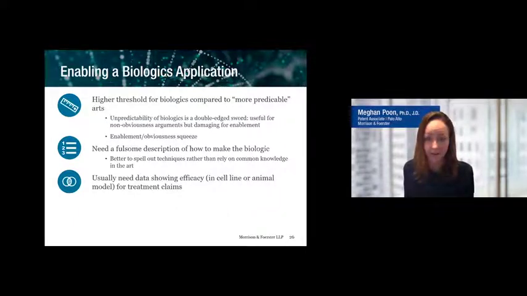As I mentioned, the unpredictability of biologics is a double-edged sword. It can be very helpful for non-obviousness arguments, but that's a problem when it comes to enablement.